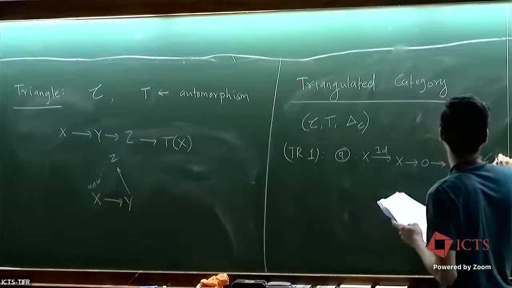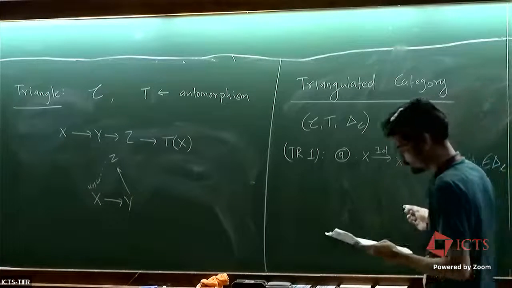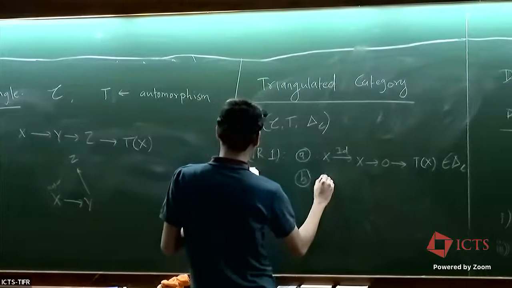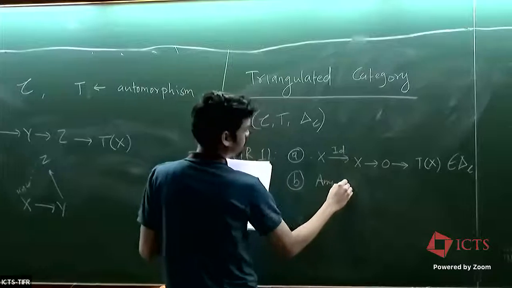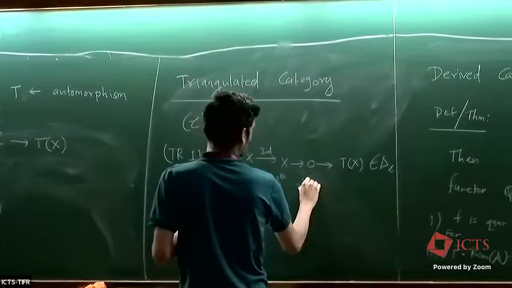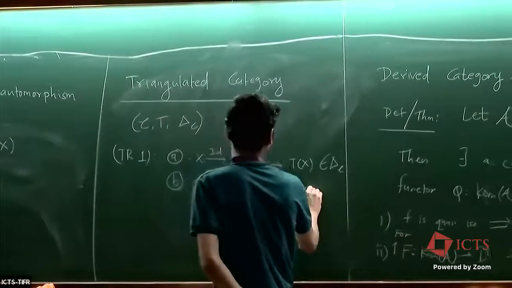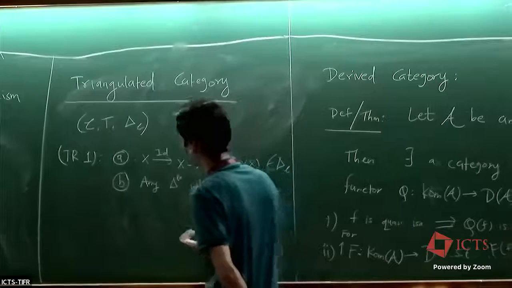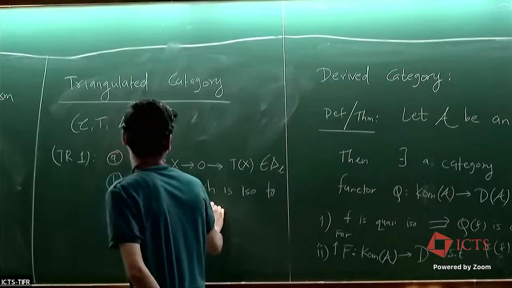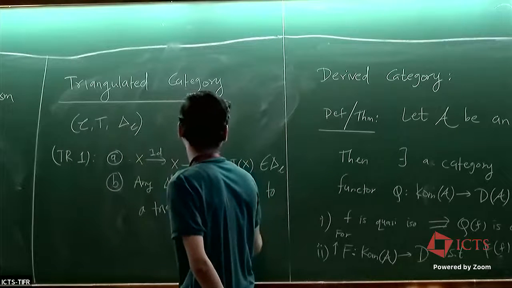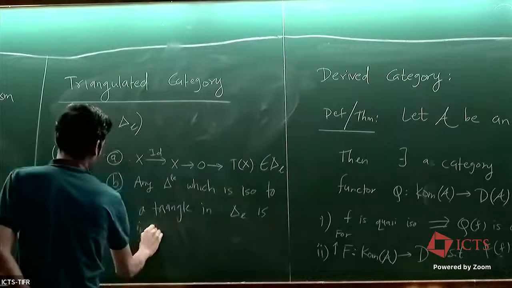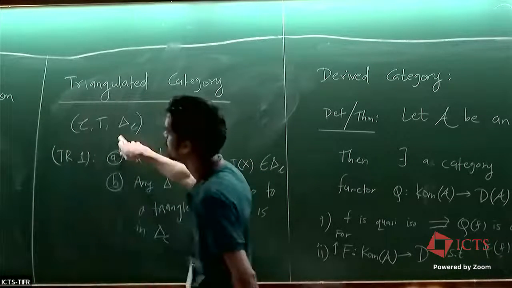I'll just say it belongs to delta C. B is that any triangle which is isomorphic to a triangle in this collection has to belong to that collection.